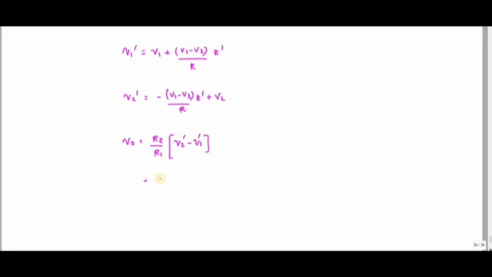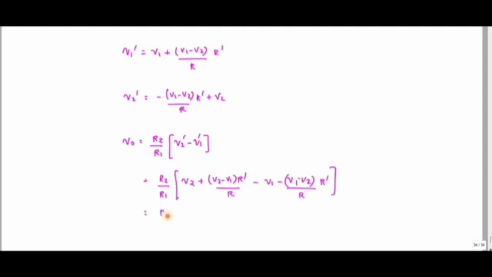So now you substitute the values: V2 plus (V2 minus V1) R dash by R, minus V1 minus (V1 minus V2) by R dash.